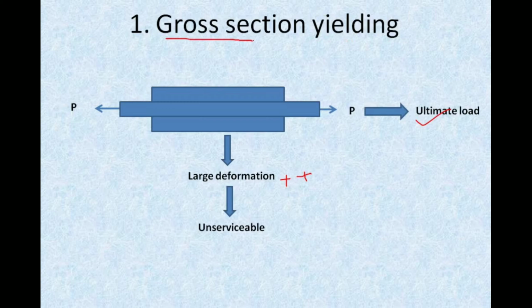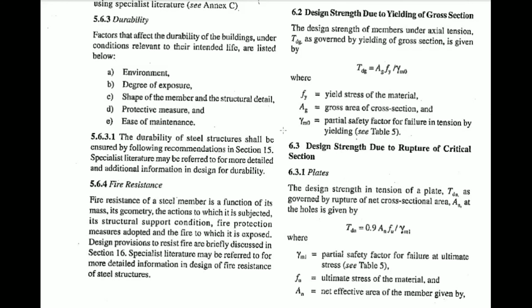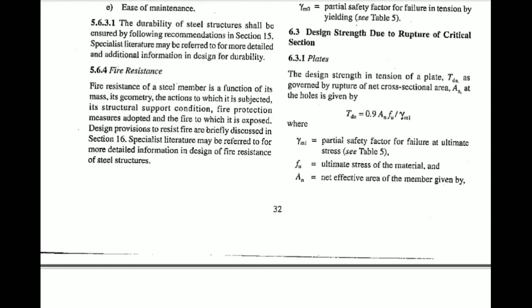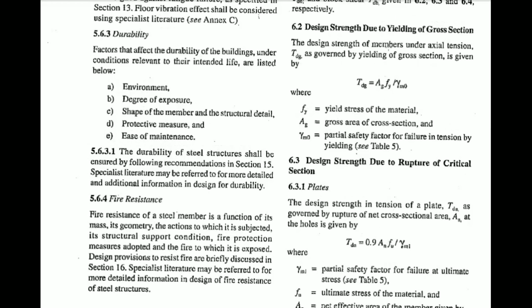So how can we find out the strength of this gross section? We can find out the strength due to gross section yielding of any plates by going to the IS code, clause number 6.2, page number 32. This is the design strength due to yielding of gross section.